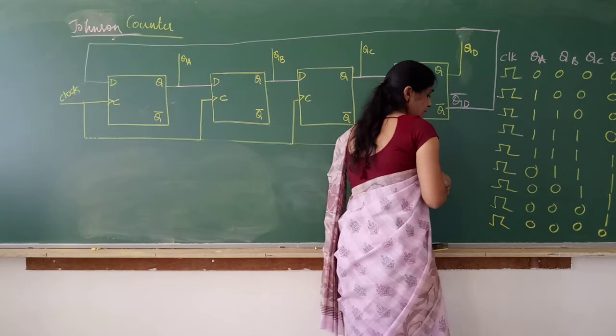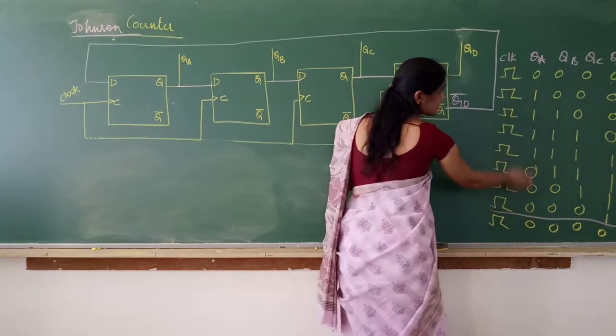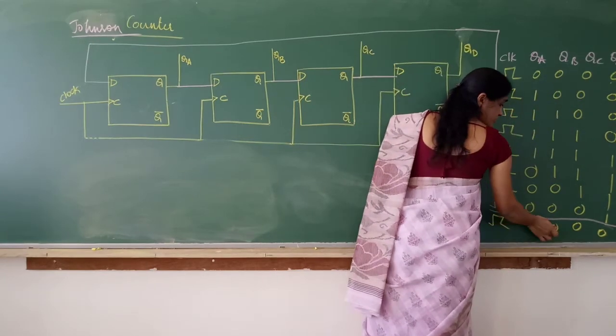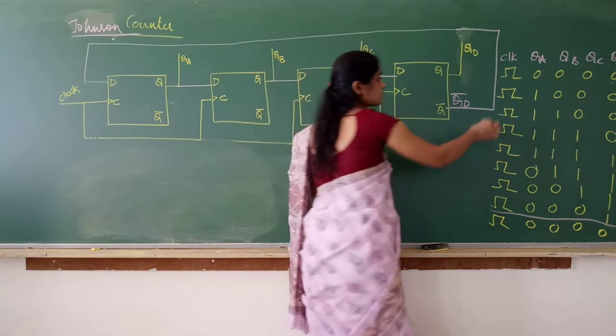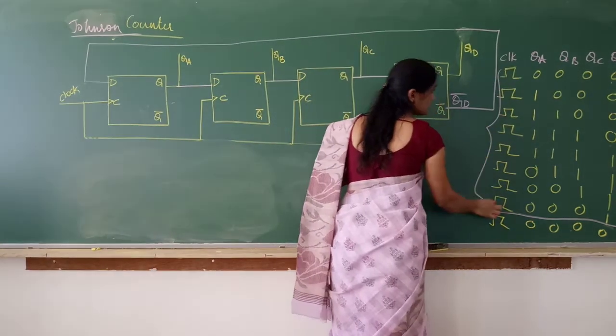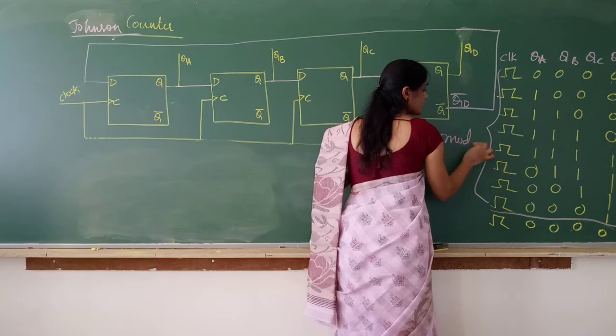So up till here it is unique, I mean a different sequence. From here it is repeating, right? 0 0 0 0. So how many unique sequences are generated using Johnson counter? Count. 1 2 3 4 5 6 7 8. So it's a mod 8 counter.